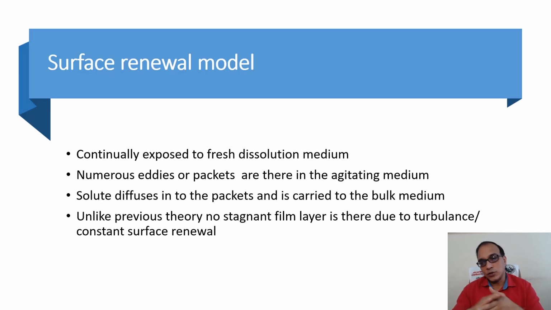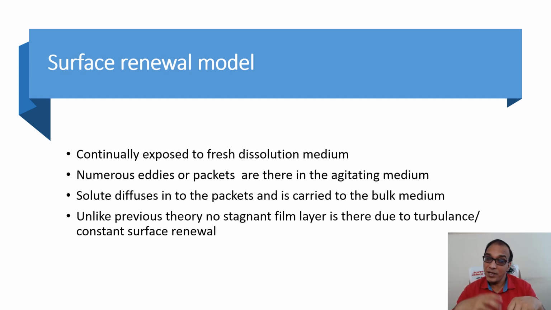Moving to the next theory, surface renewal theory. In surface renewal theory, the solid is continually exposed to fresh dissolution medium. Numerous eddies or packets are there in the agitating medium. What happens is that the solute diffuses into the packets and is carried to the bulk medium, as we will see in this diagram.